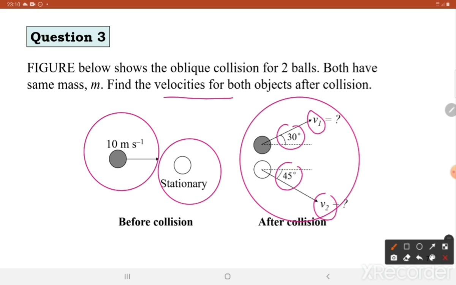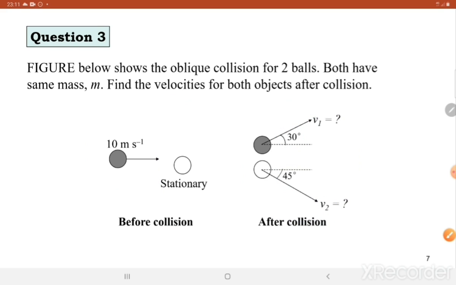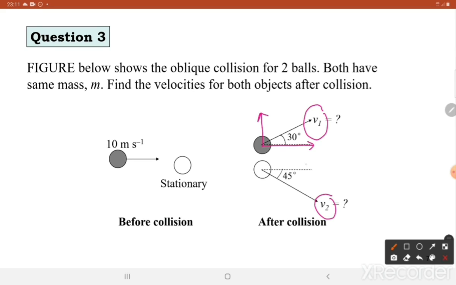So by referring to this diagram, the vectors v1 and v2 lie between the x and y axes. So this collision is known as a two-dimensional collision, with the special name called oblique collision.